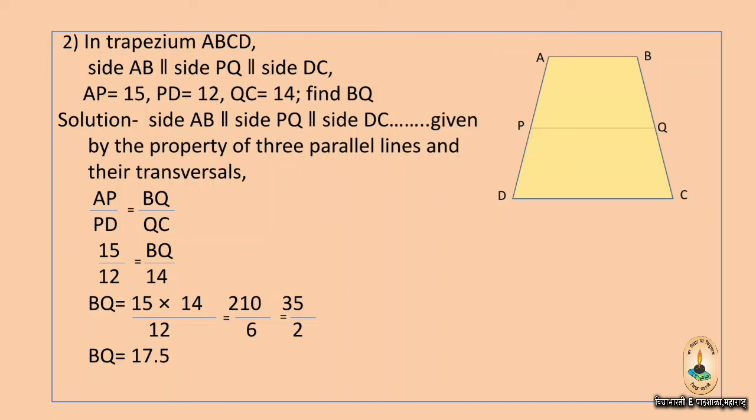Dividing by 2, we get 210 upon 6 equal to 35 upon 2. Therefore, BQ equal to 17.5.